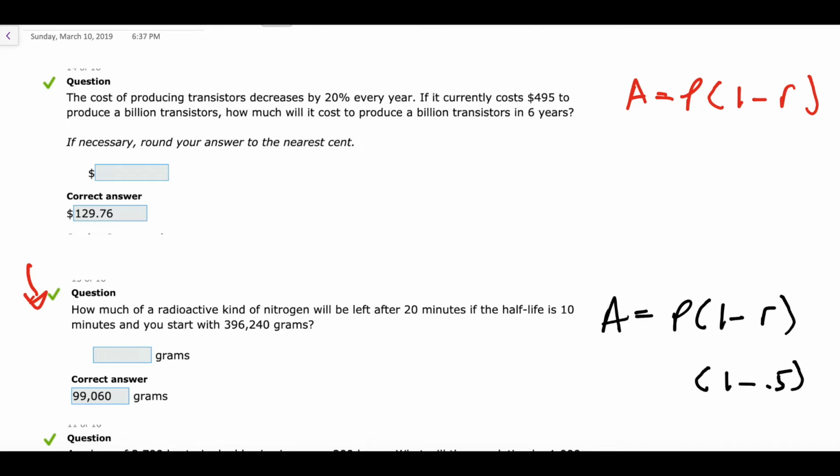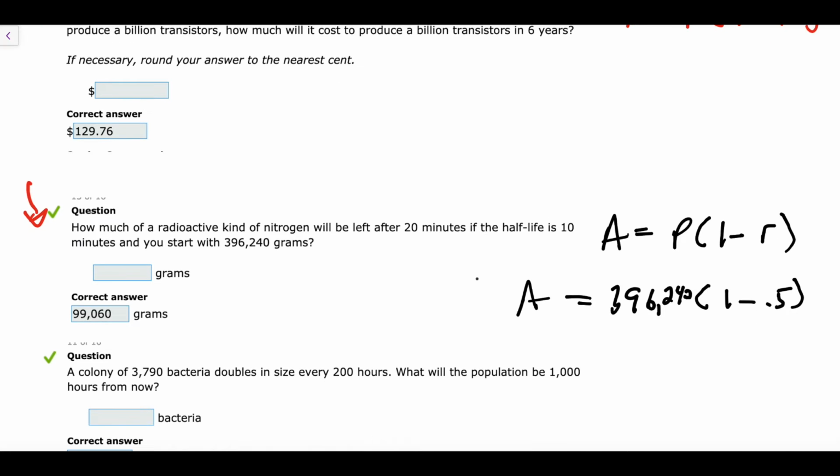So we have A equals, and what's our starting amount? 396,240. And then what's 1 minus 0.5? 0.5. Right, so 396,240 times 0.5.